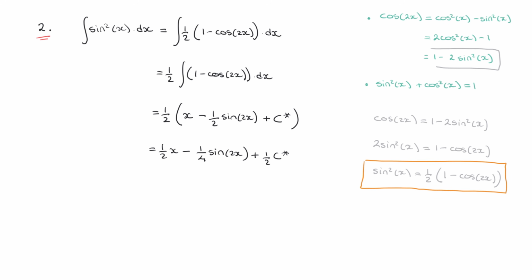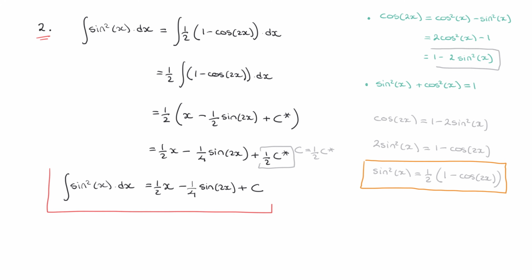And just as I did when we integrated cosine squared of x, I'll go ahead and define a new constant, which I'll call c, which is equal to 1/2 of c star. And so this equals 1/2 of x minus 1/4 of sine of 2x plus our constant of integration c. And we're done. We've now integrated sine squared of x. And I'll go ahead and box that result.